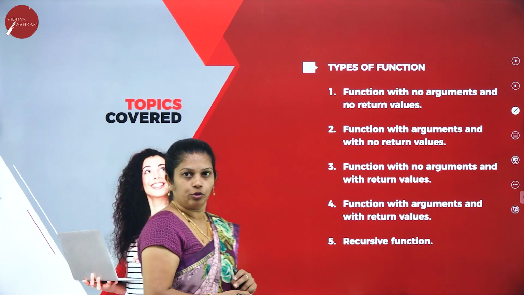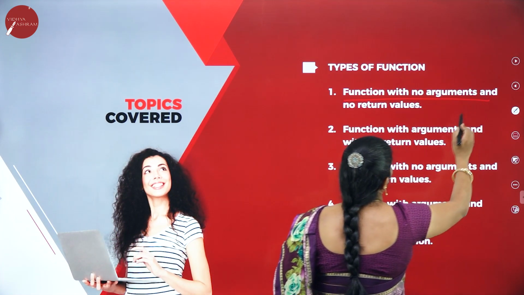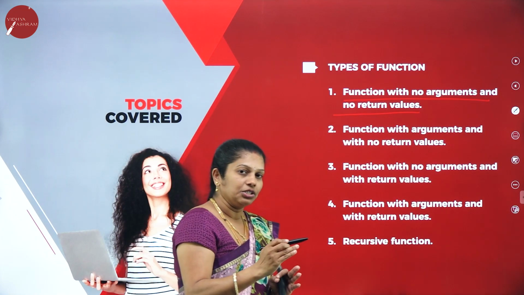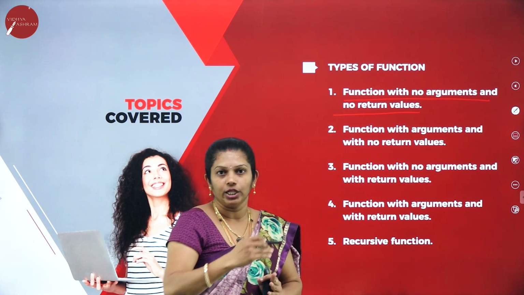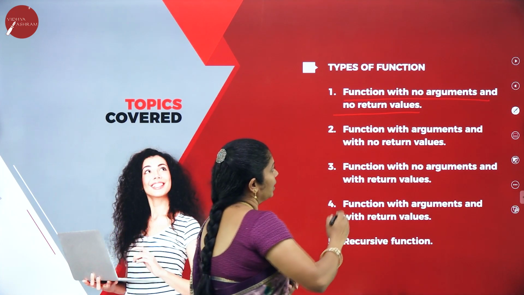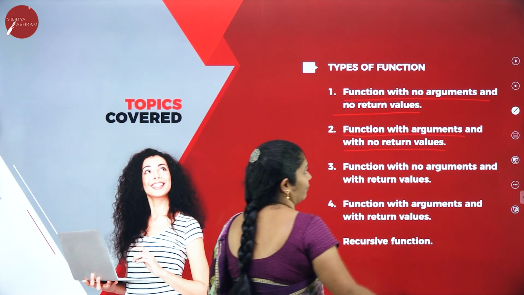When they come to types of user-defined functions, first, functions with no arguments and no return value. In the function, we are not passing any argument, and in the subprogram also we are not passing any arguments. Then functions with arguments and with no return value.